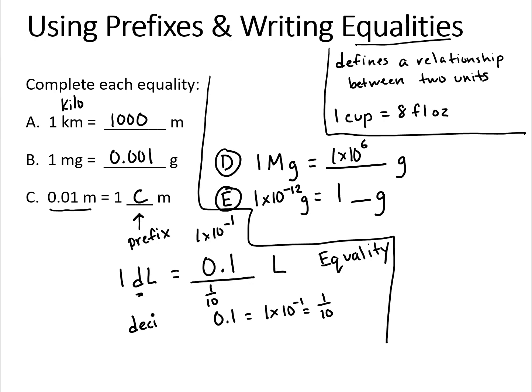No. So 1 times 10 to the minus 12. That's a 1 with 11 zeros in front of it. Should be picogram. So that makes it smaller. Can everybody find pico on that chart?